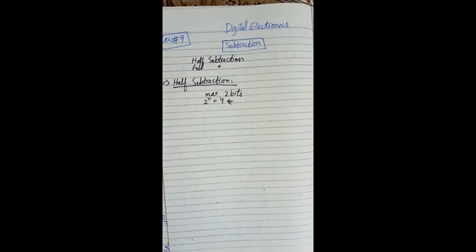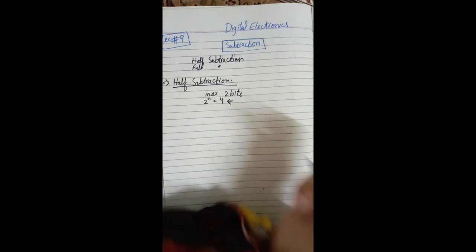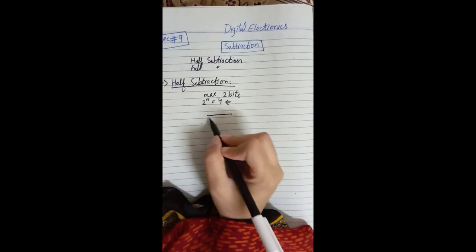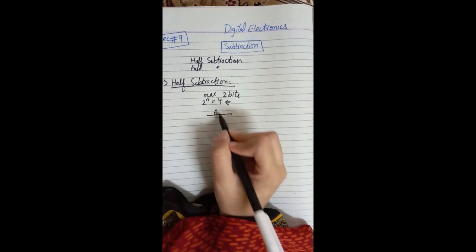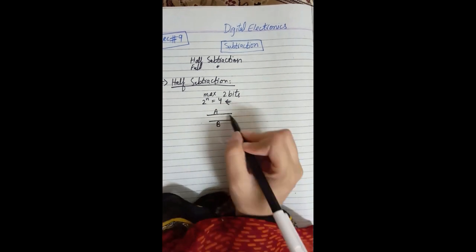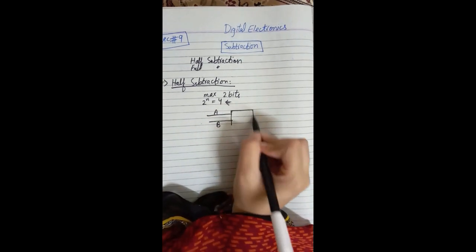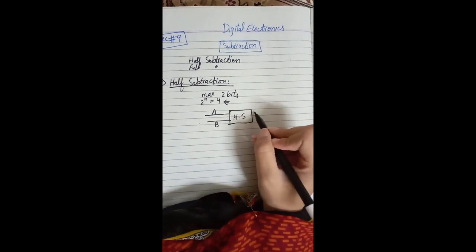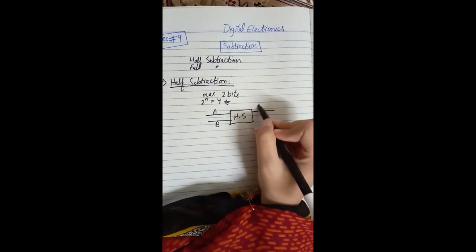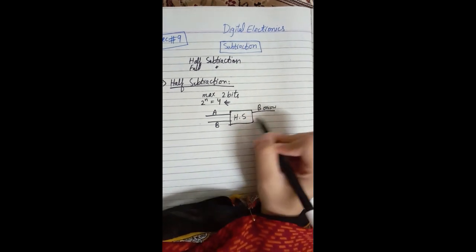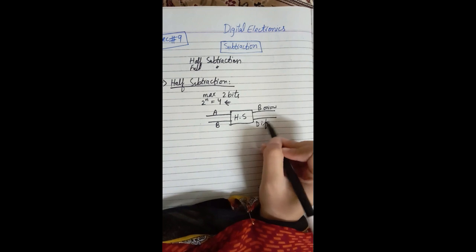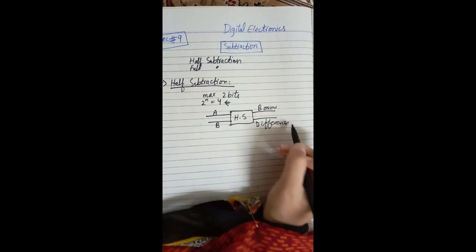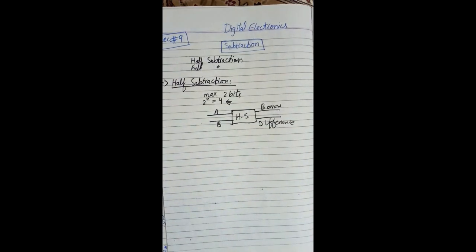So basically we can make its diagram as the first input A, the second input B. The half subtraction is the same as we made for the adder. So we have borrow and difference. In this we have 2 inputs A and B and 2 outputs, borrow and difference.